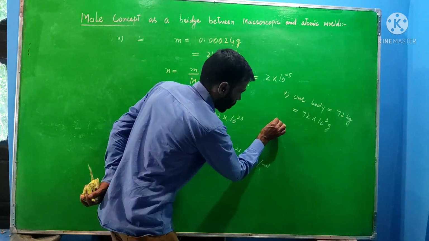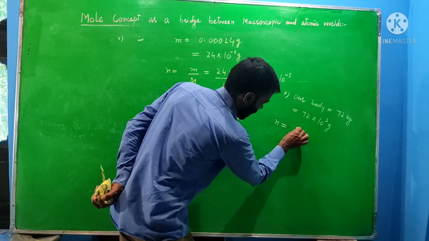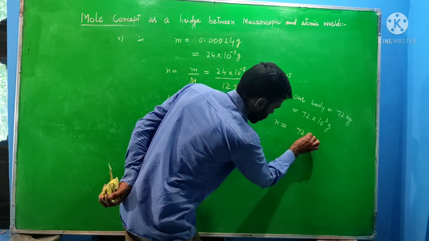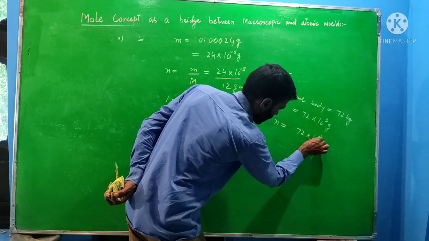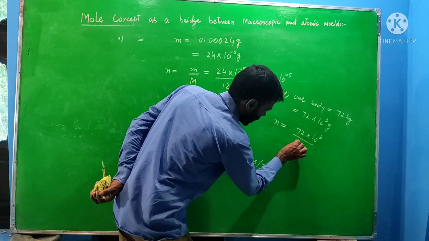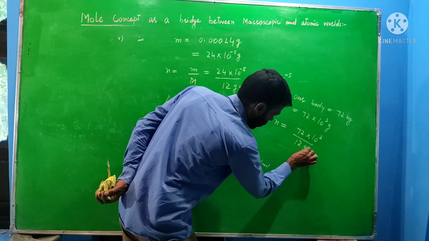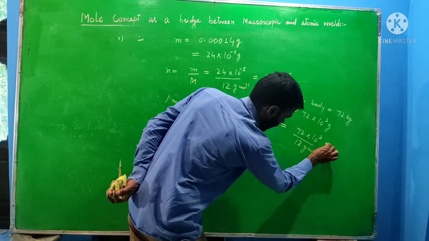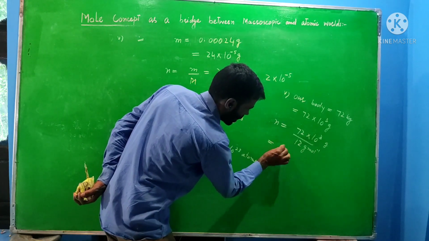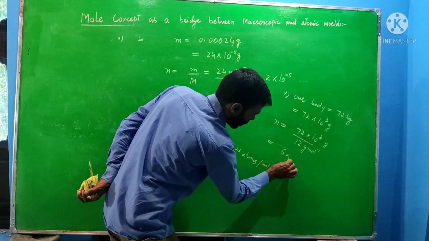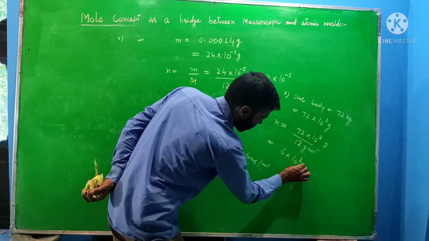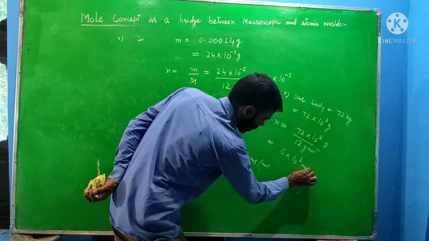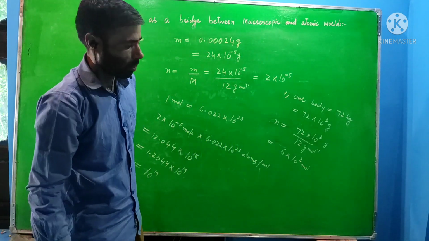So number of moles is equal to mass in grams, that is 72 into 10 raised to the power 3 divided by 12 gram per mole as the molar mass of carbon. This is equal to 6 into 10 raised to the power 3 moles. So these are the number of moles of carbon present in our body.